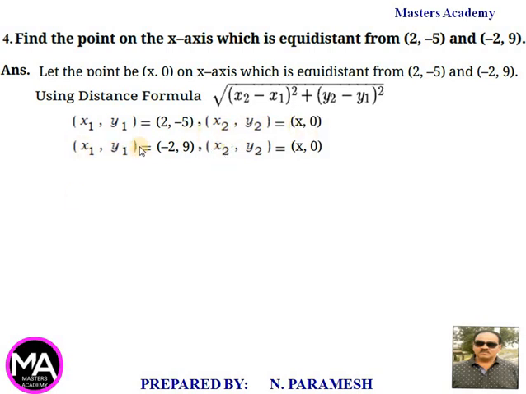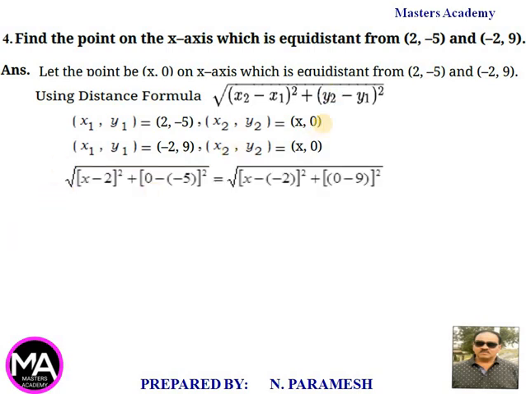(x1, y1) is equal to (-2, 9), (x2, y2) is equal to (x, 0). Substituting the value, root of (x - 2) the whole square plus (0 - (-5)) the whole square is equal to root of (x - (-2)) the whole square plus (0 - 9) the whole square.